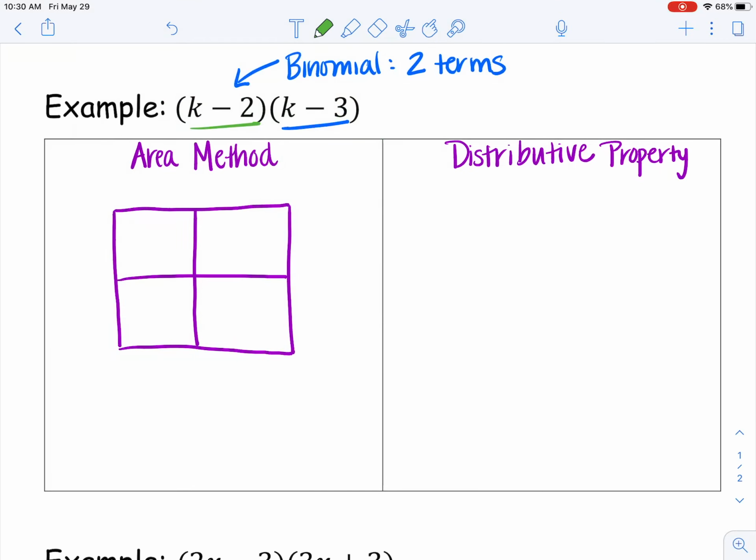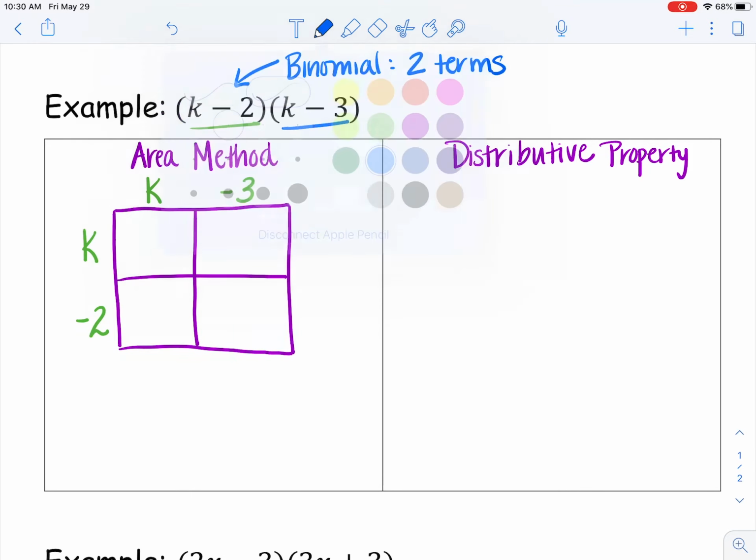Our one side length is k minus 2, and our other side length will be the second binomial, k minus 3. And you might be wondering, does it matter if I put k minus 3 down the side and k minus 2 at the top? It does not matter. If you switch up your sides, that would be fine.